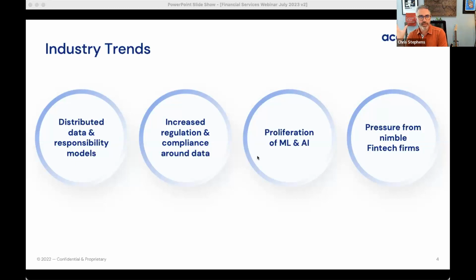Next, talking about AI and ML and the growth in the financial services industry, but certainly in the data and technology industry more broadly. We were joking as we were coming on board that we can't have a data conversation in 2023 without talking about generative AI.